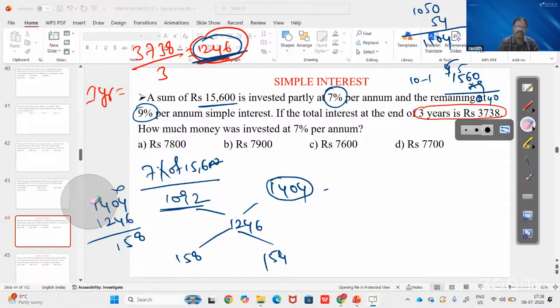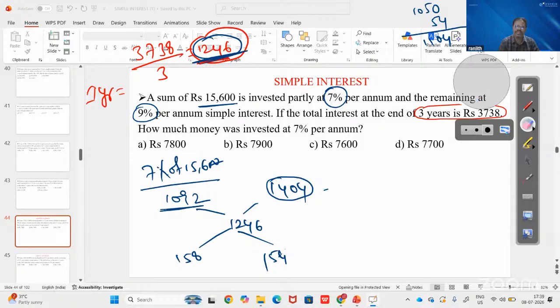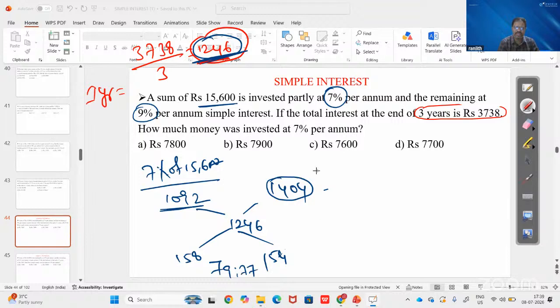154 and 158. So the ratio is 77 is to 79. If I club these two, the sum equals 156 parts, where 156 parts is equal to 15,600 rupees, so one part equals 100.